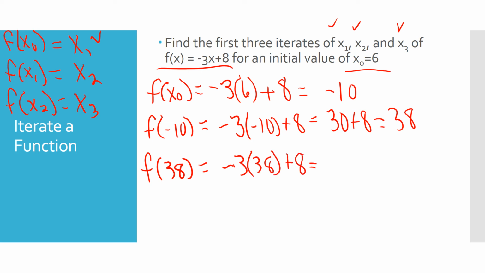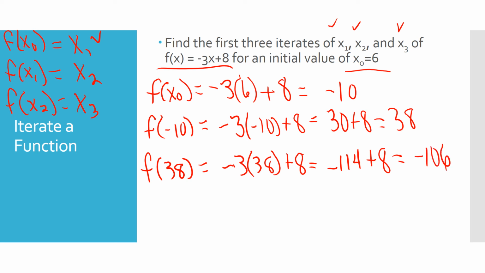Negative 3 times 38 is going to give me negative 114, plus 8 is going to give me negative 106.